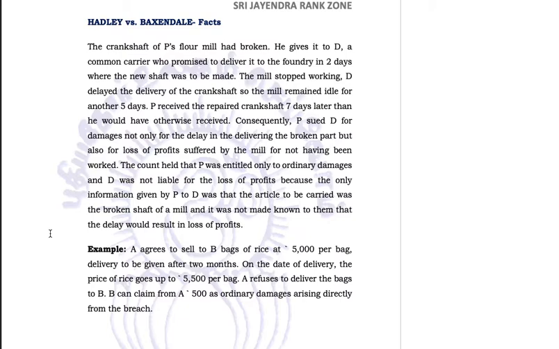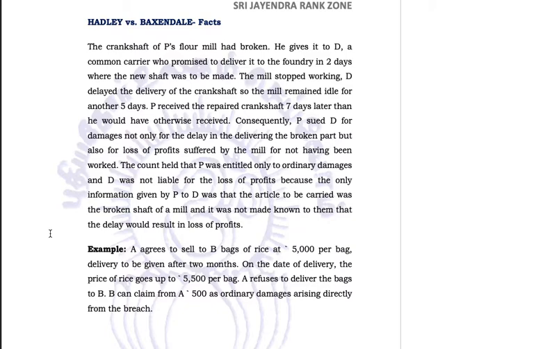Within 2 days, the mill stopped working, because the crankshaft is damaged. D delayed the delivery of the crankshaft, so the mill remained idle for another 5 days. Now D said he will deliver within 2 days, but he did not deliver for the next 5 days. So for the next 5 days the mill could not work.